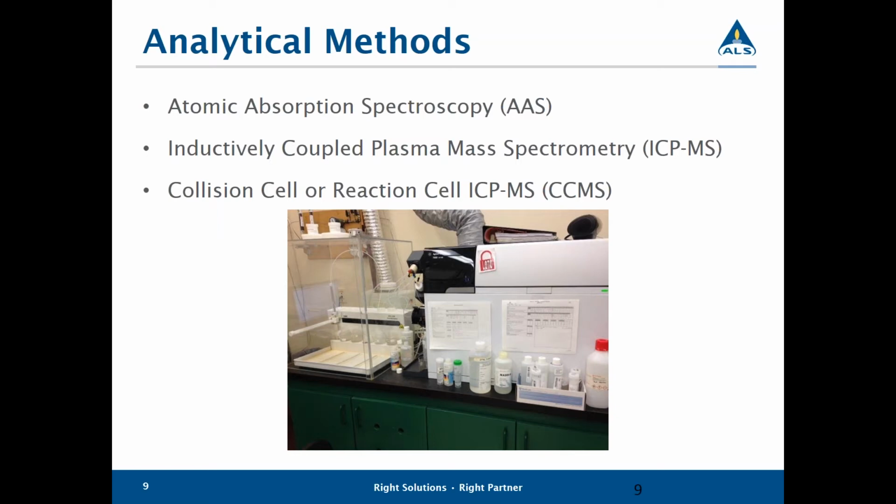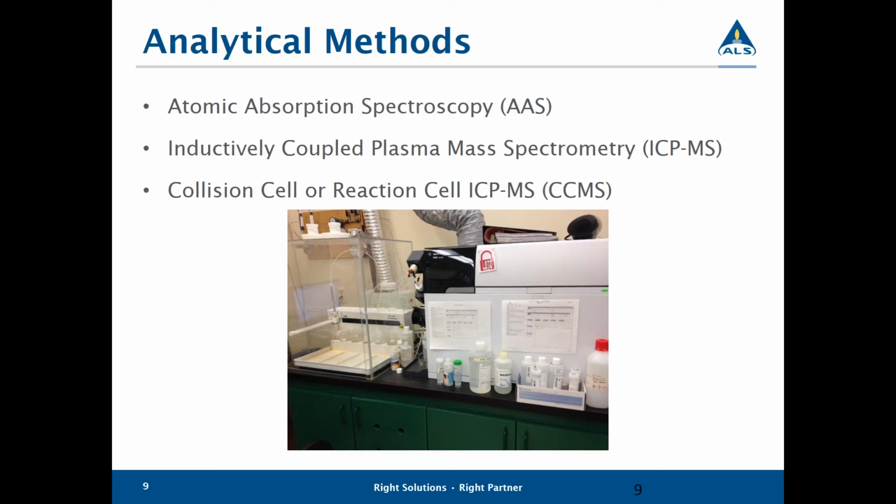That method, using regular ICP-MS, or inductively coupled plasma mass spectrometry, often had interferences from the argon gas with arsenic. These are called polyatomic or isobaric interferences, which made that not the best technique for analyzing arsenic.